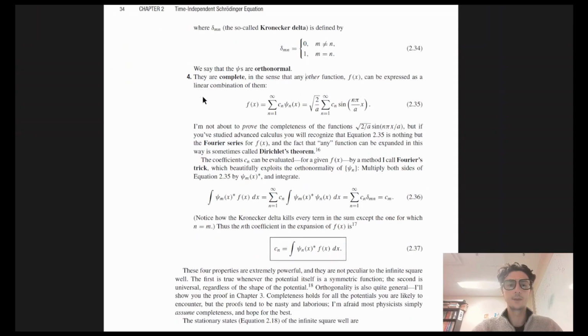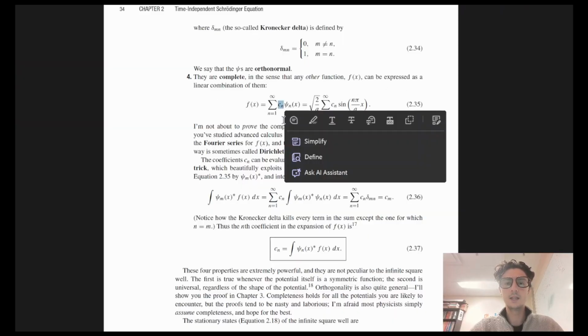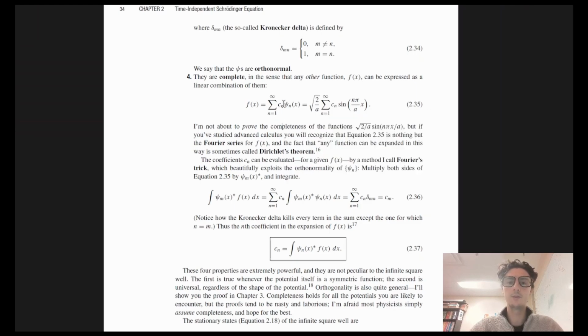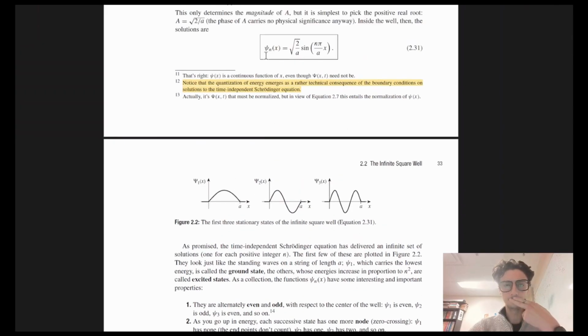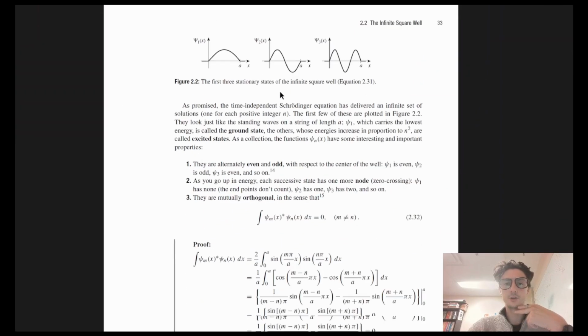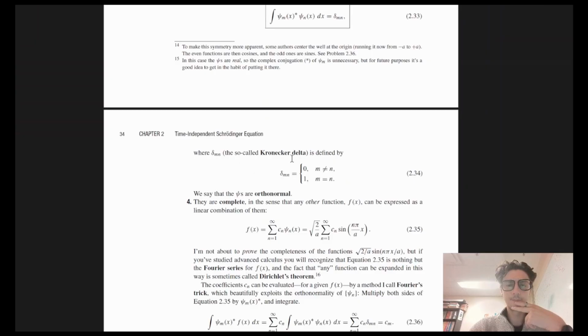They are complete in the sense that any other function, f of x, can be expressed as a linear combination of them. f of x is equal to the sum of these c n's, which are like probability amplitudes, times these psi n's, which are these sine functions. There's an infinite number of them.